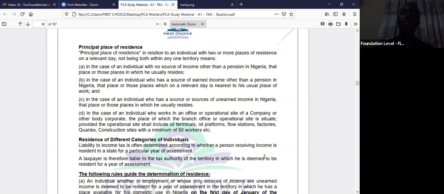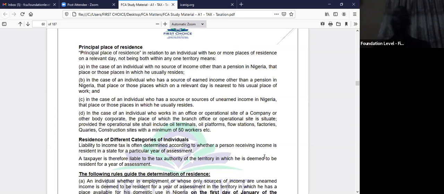So you've seen two things. If you're having pension and if you're having unearned income, you know where you usually reside is your principal place of residence. And we have also looked at if you have income that is earned income, business income, salary income, where that is closer to where you are earning this income, your place of work is your principal place of residence.